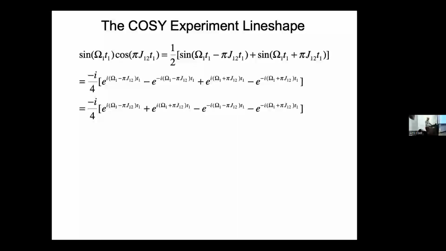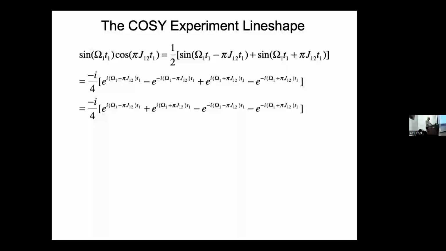If I take something like sine omega T1, cosine pi J T1, one of those trig terms that came from evolution during T1, if I want to know what it looks like after I Fourier transform it, one way is to just write it out as complex exponentials, because every complex exponential is going to be a frequency after we Fourier transform.